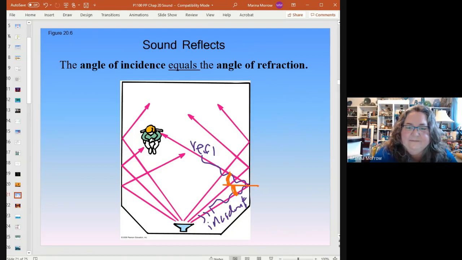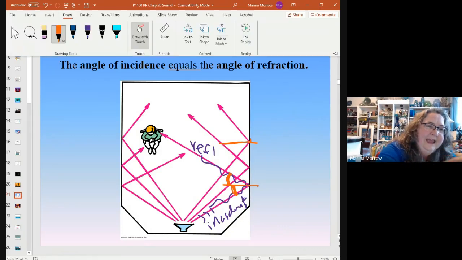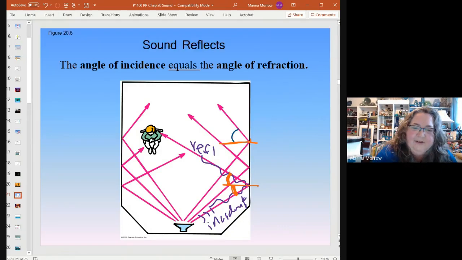And so here, again, draw a perpendicular line to the wall. There, the angle of incidence should be like 45 degrees, and the angle of reflection, 45 degrees. Okay, so the angle of incidence and angle of reflection should be the same.